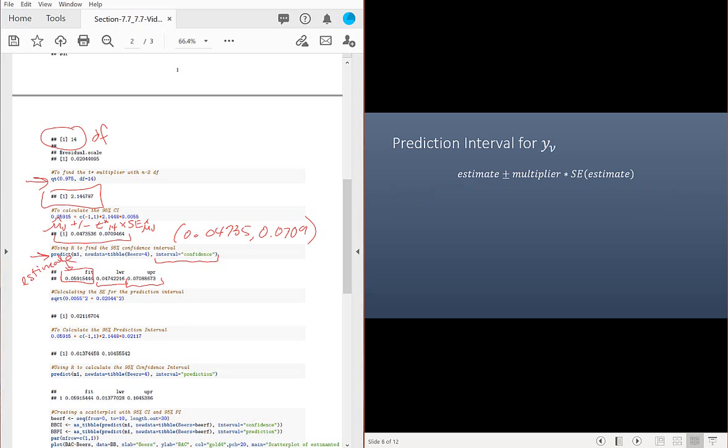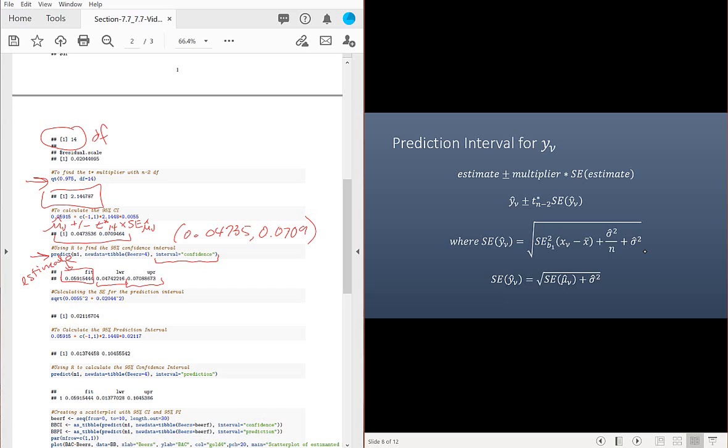Next, we will find a prediction interval for the response variable for a new value of x. The center of this interval is the estimate for the response variable, y nu hat. The equation for the standard error of this estimate includes the variability of a new observation in sigma squared hat.